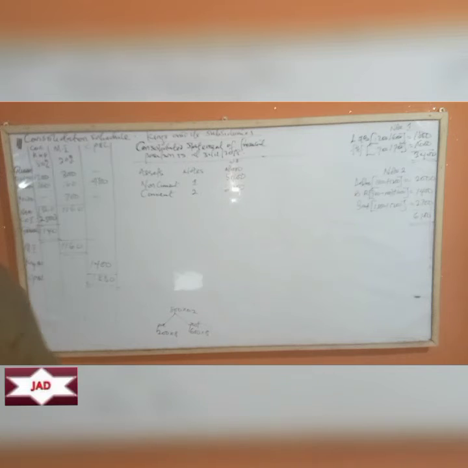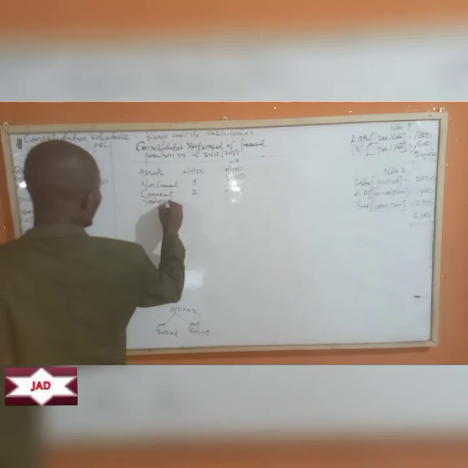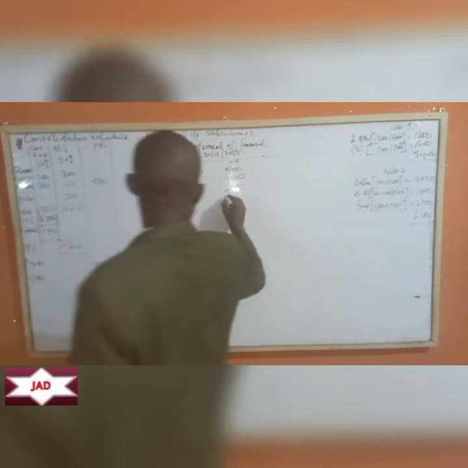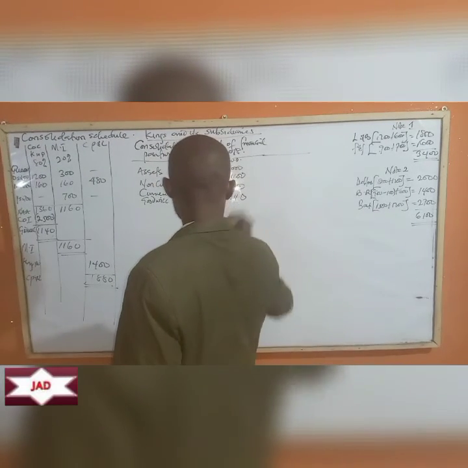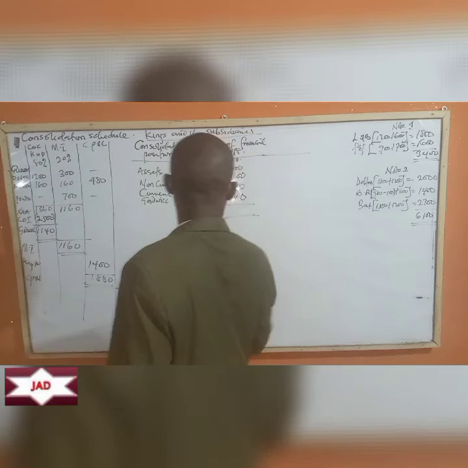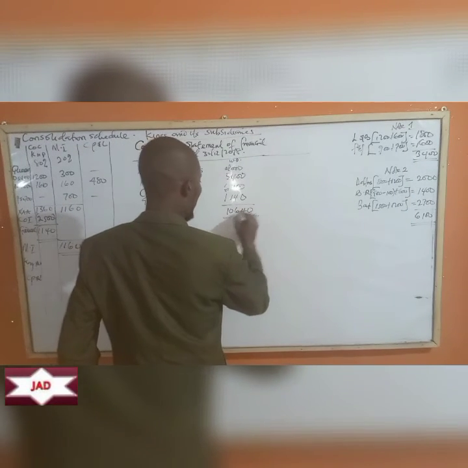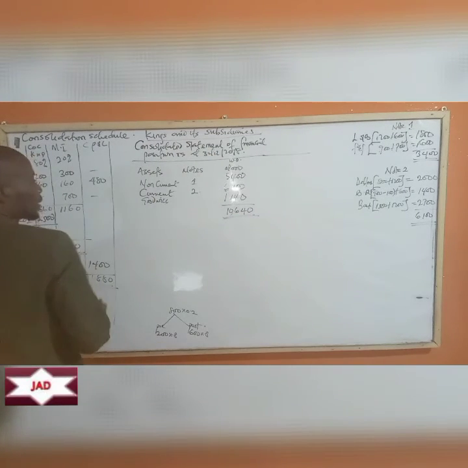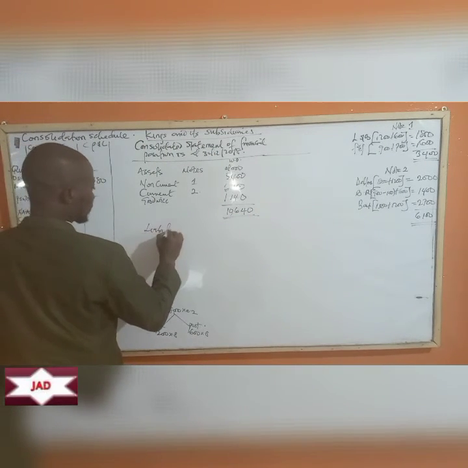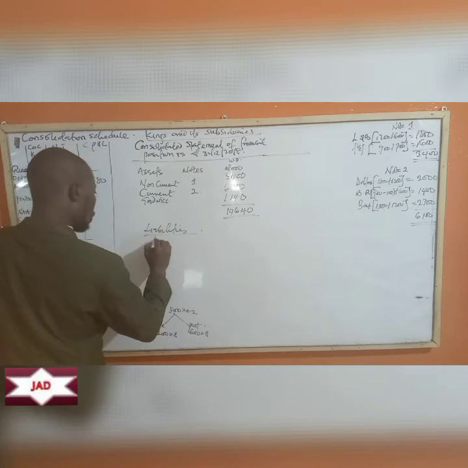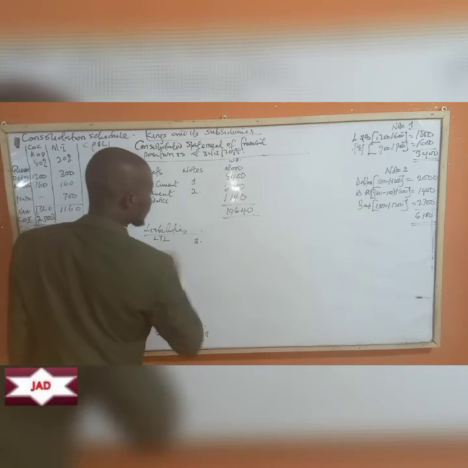So what else? Goodwill. What's the goodwill here? 1,140. So let's add up: 3,400 plus 6,100 plus 1,140. That's 10,640. Okay, so we have liabilities now. So long-term liabilities, note 3.